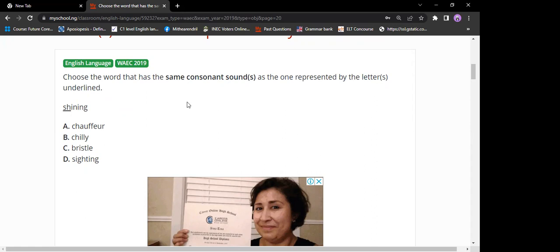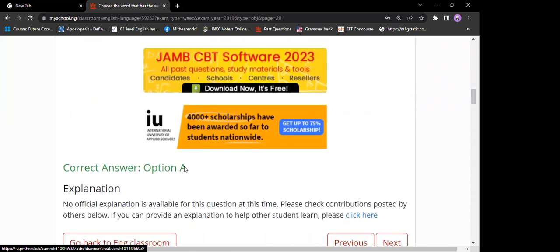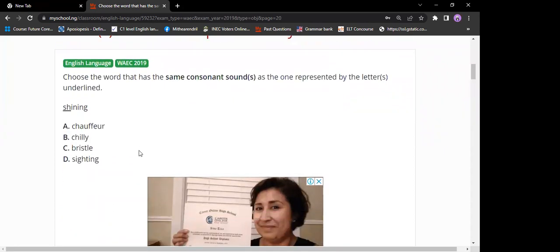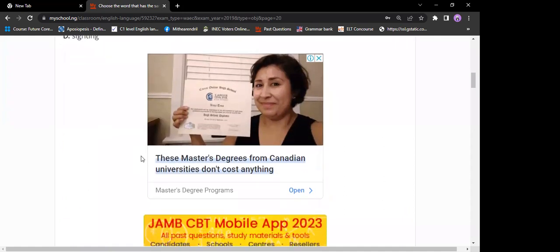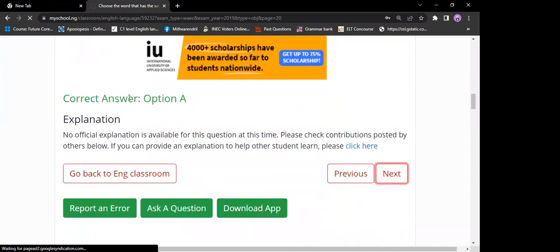So option A will be our answer, just as we have it there. The word is not chauffeur, it is chauffeur. So pay attention to those words as you pronounce them and you pick answers for them.